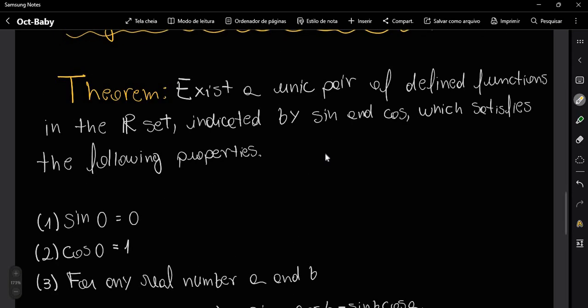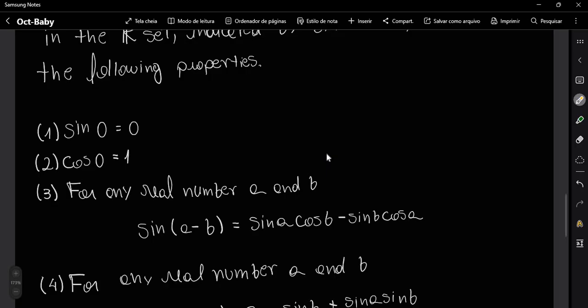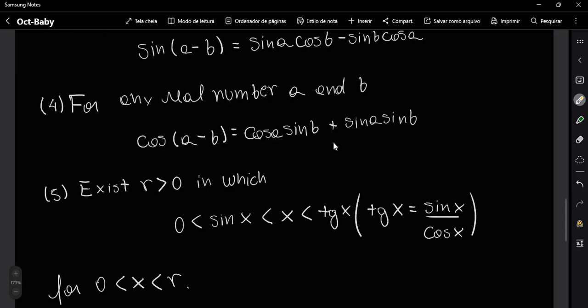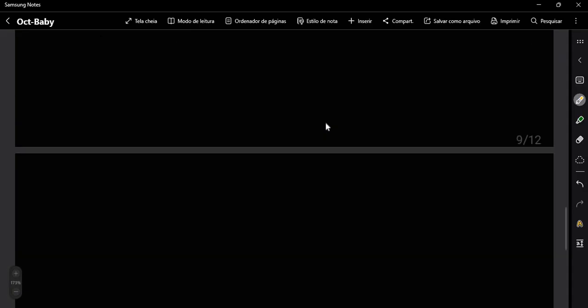So first we need to know these properties. Some of them we know very well, like sine of 0 and cosine of 0. Actually, all these properties we know from studies in trigonometry, and we still have some more to cover. So let's continue.